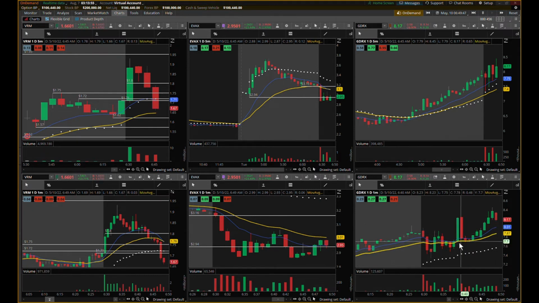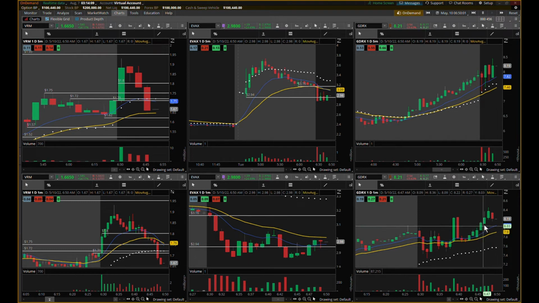See this here? I call that, well, not just me, that's called the scissors. It's unusual to see a scissors and then a break above that. Usually that's the sign of a reversal. Usually you'll see a bounce and then further downside.